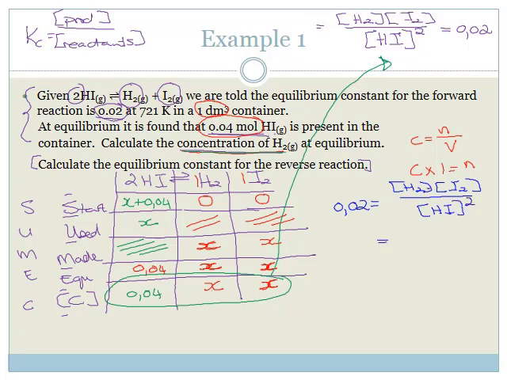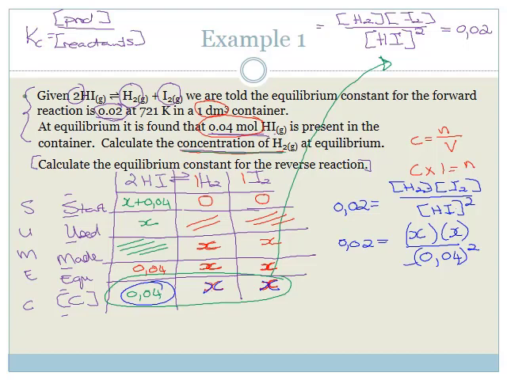The concentration of hydrogen we know is X. The concentration of iodine is also X, remember, because concentration is number of moles over volume, and it's a 1-to-1 ratio. The concentration of hydrogen iodide they gave us as 0.04 moles, but remember the volume is 1. And don't forget to square this. And this all equals 0.02.